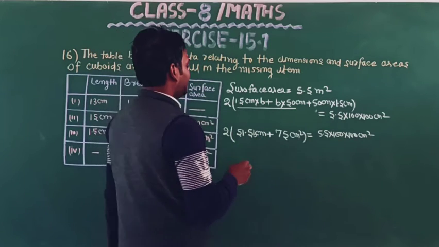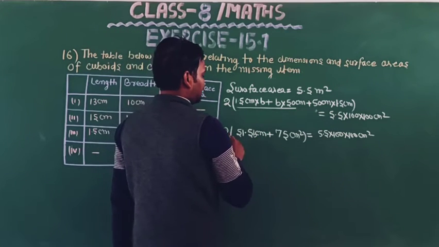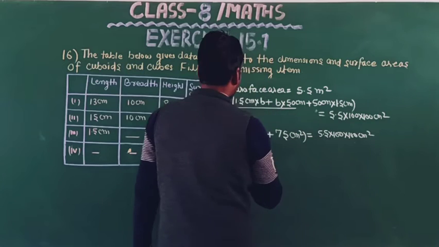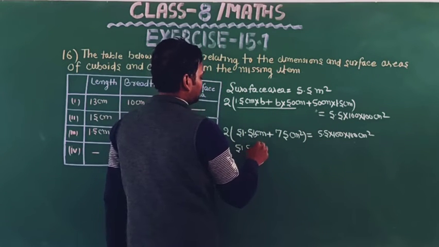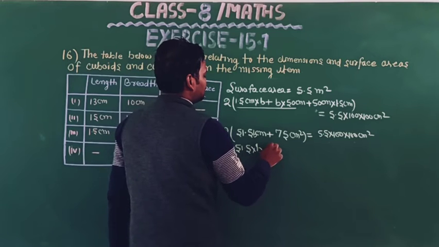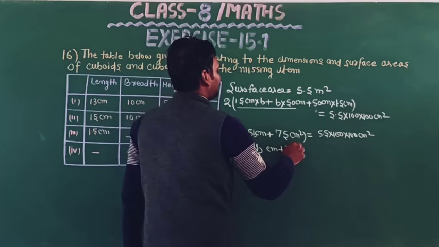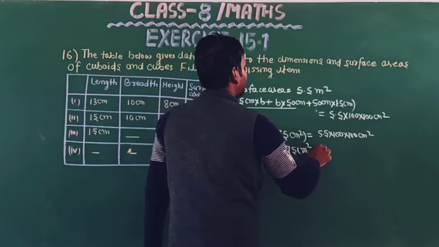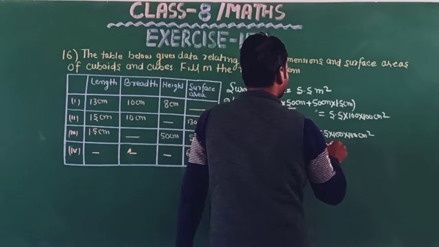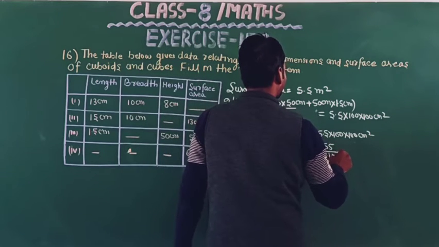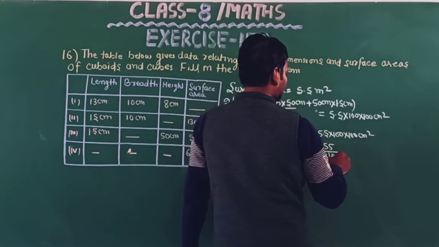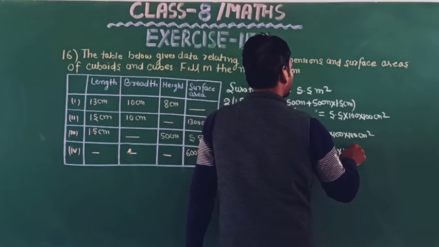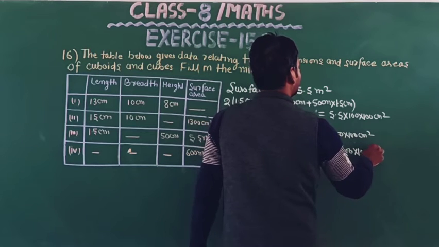Again this quantity is divided by 2. So 51.5B centimeter plus 75 centimeter square equal to 55 by 10, and 2 is divided here, into 100 into 100 centimeter square.